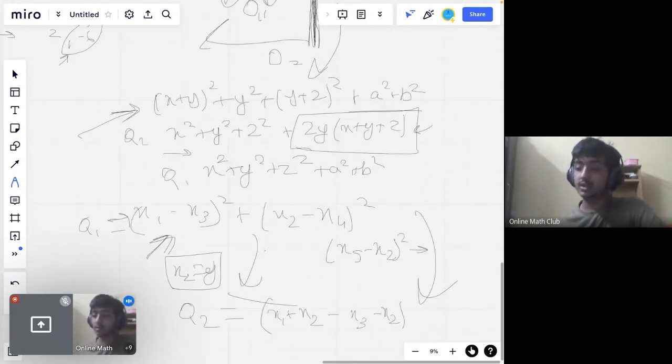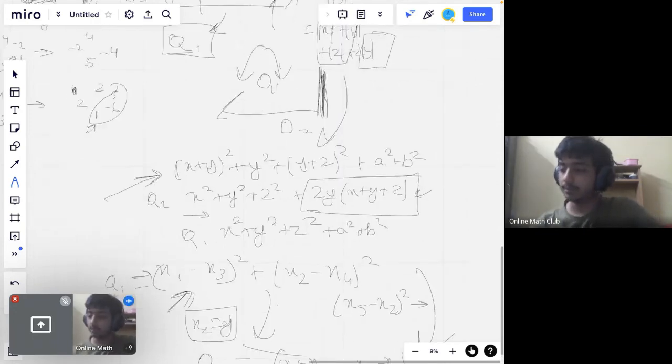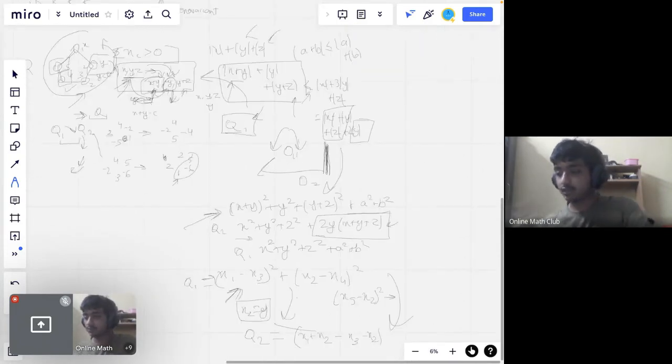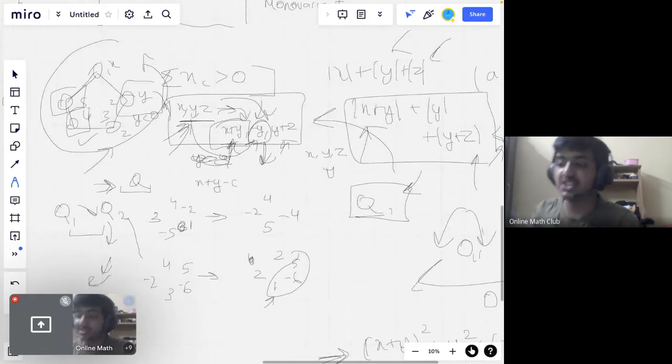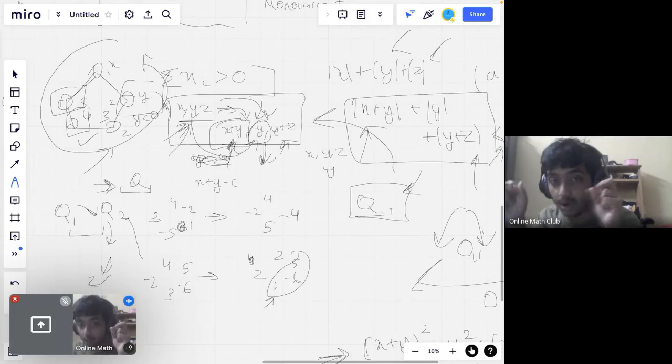One is we wanted to somehow be able to use these quantities to get something nice. Here we wanted something nice and we wanted to be able to prove the answer. So we wanted the quantities to change in such a way that you can show that the negative reduces.